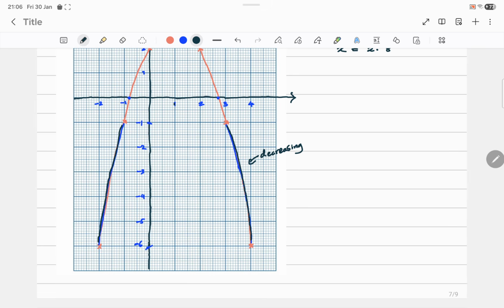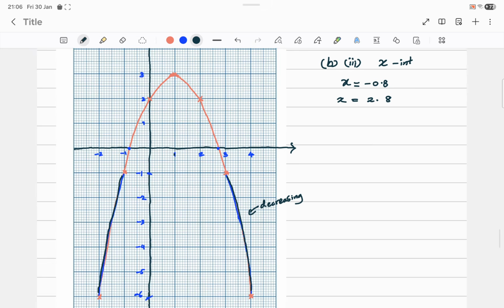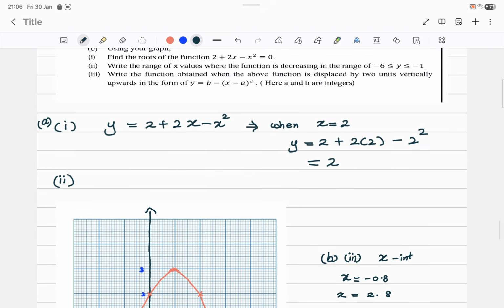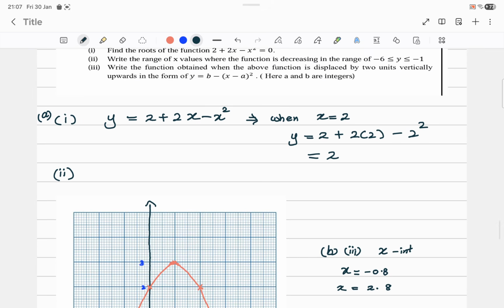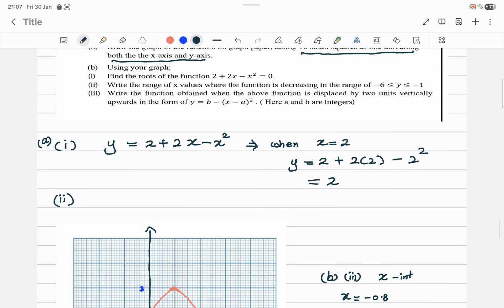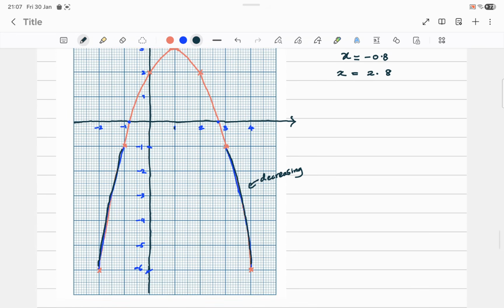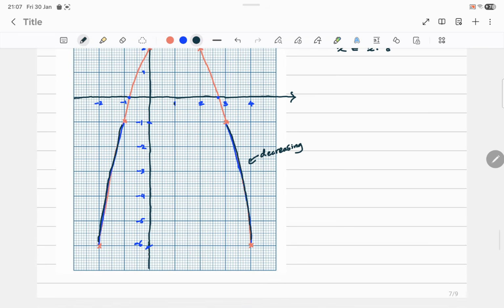As you move from left to right, look at the y values. Up to x equals 1 you are increasing, then you start decreasing, right? So we want the x values where the function is decreasing. So x values are what? X values are 3 to 4.